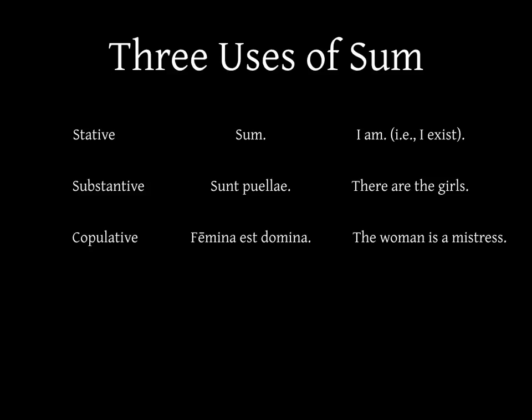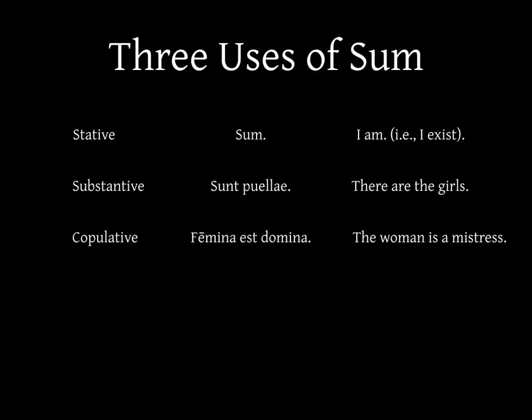So there are the girls. We're not quite saying that they exist. It's not exactly the stative term. We're just saying there's some girls. There they are. They are present. They exist in the world.